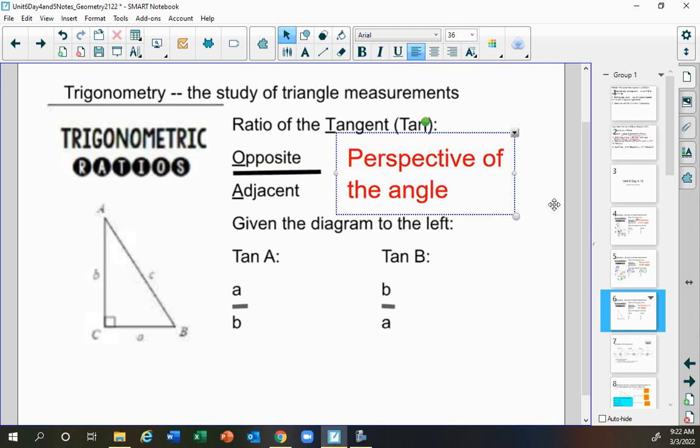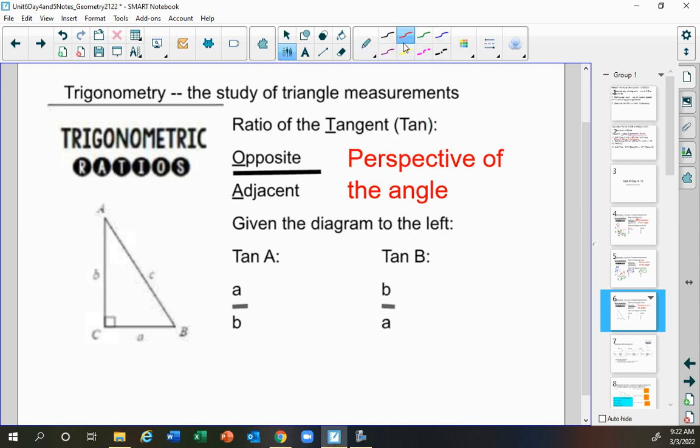Perspective of the angle is going to be the key, because again, you need to identify. Now in this case, for the tangent, what do we not need to know out of the three? Unlike the first two, what do we not need?